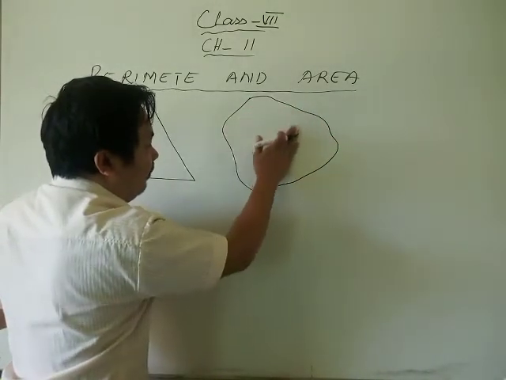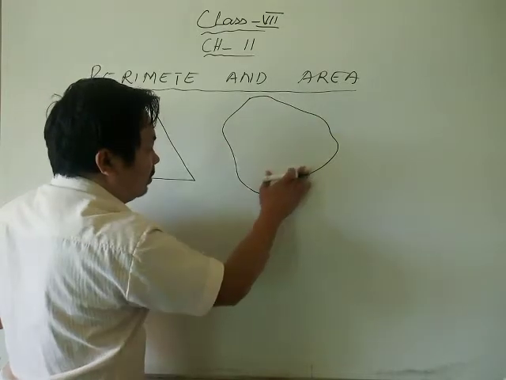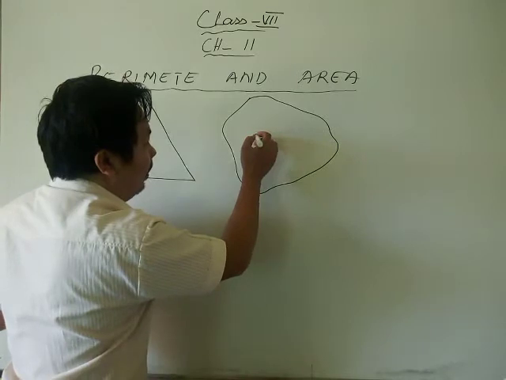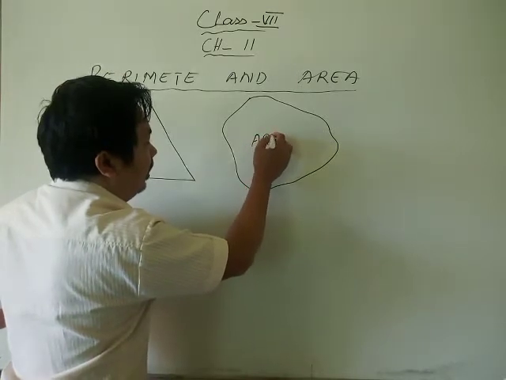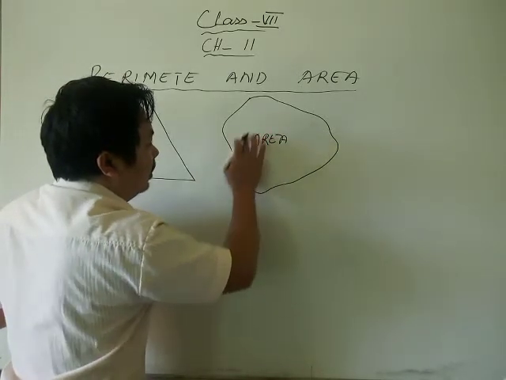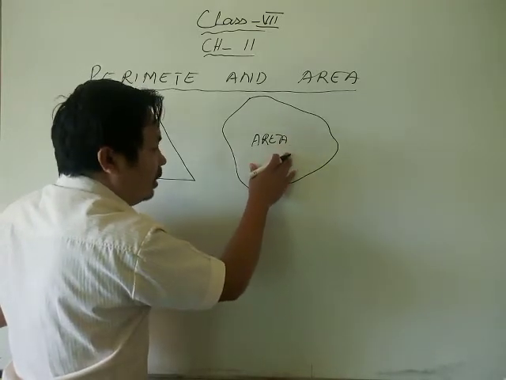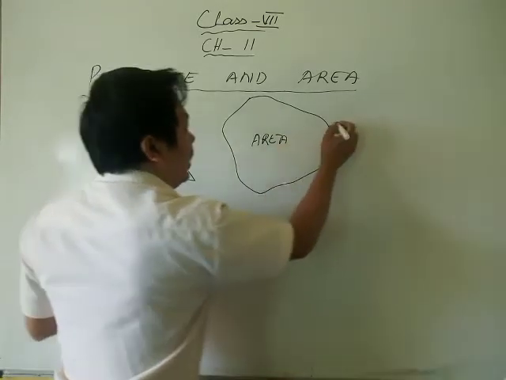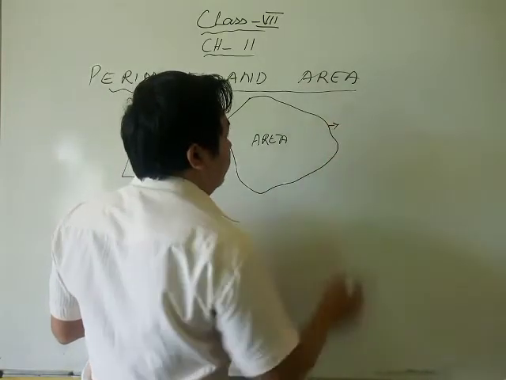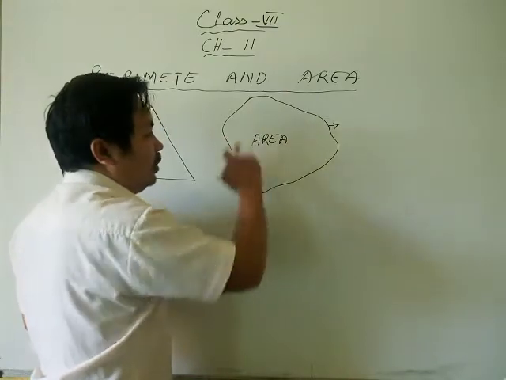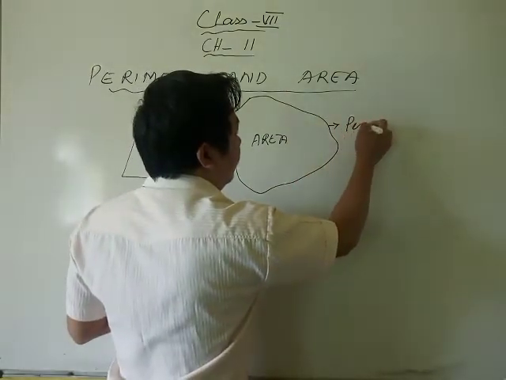So the surface enclosed by its boundary is called its area. So when we talk about the area, the portion or surface enclosed by the boundary is called its area, and the line that we draw at the edge or boundary line is called perimeter.